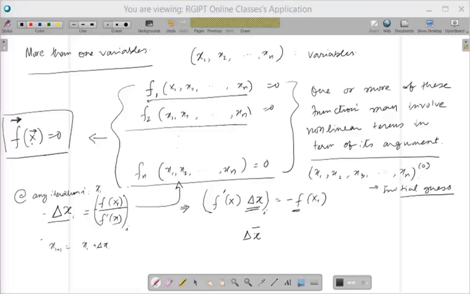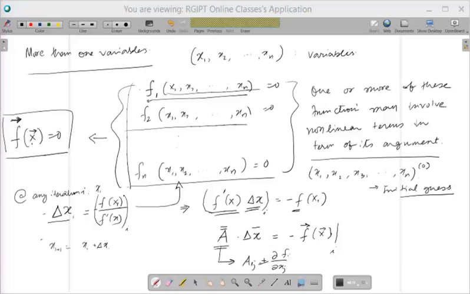It equals minus f of x at step i, and f prime of x is basically a matrix. How do you calculate f prime if I have not a single f but many f's and many x's? It is defined by a_ij equals del f_i by del x_j.